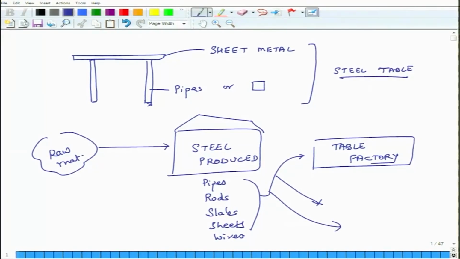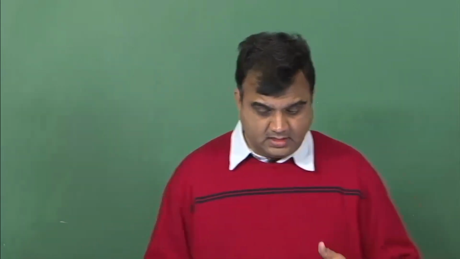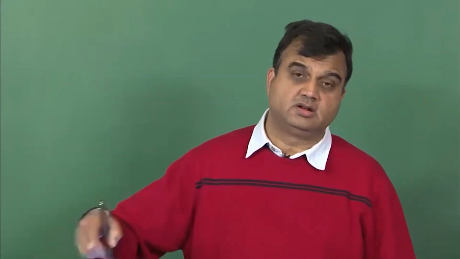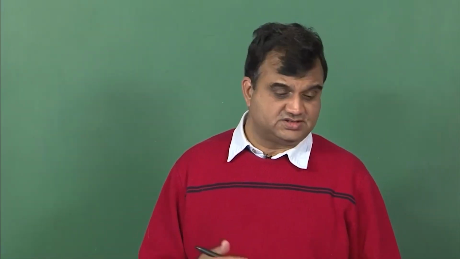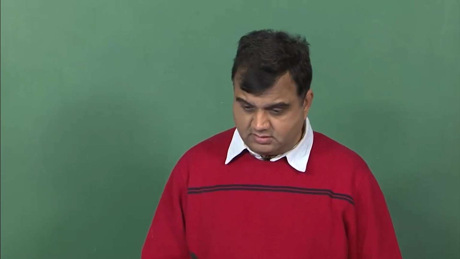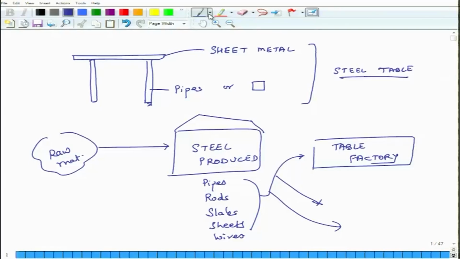So, the point I am trying to make is that the material itself is produced at one stage and the end product is produced in the second stage or in subsequent stages. This is how traditional products made from traditional materials are fabricated. Now, in case of composites, it is a little different.